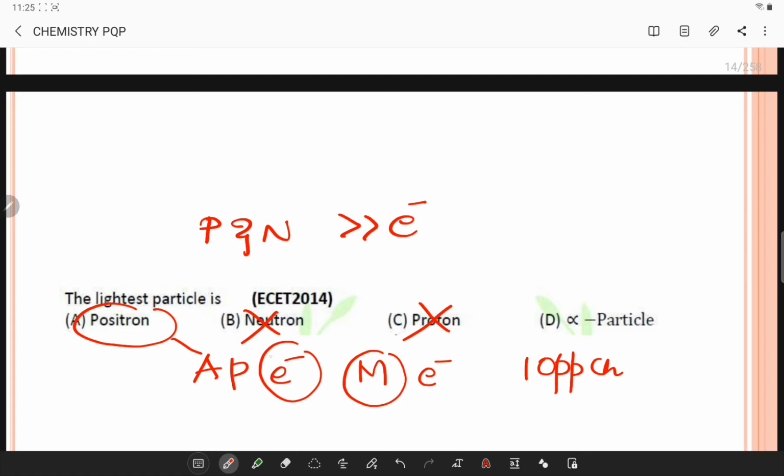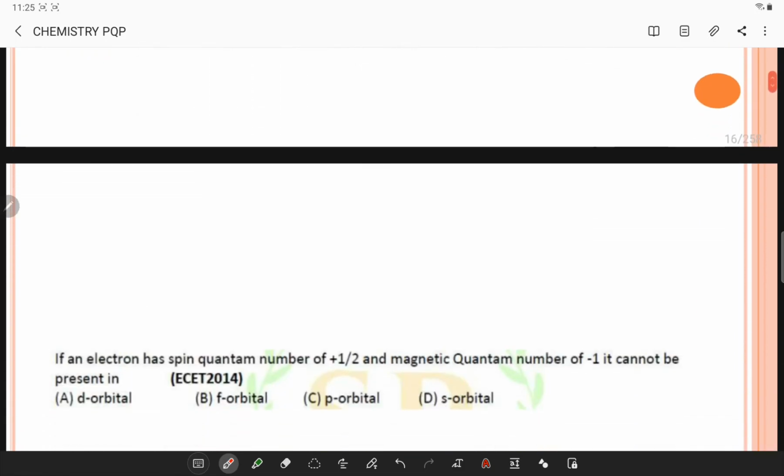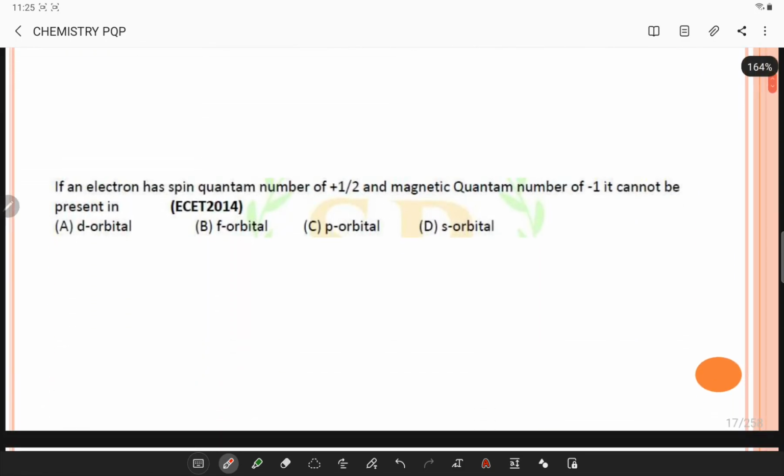Also, an alpha particle consists of 2 protons plus 2 neutrons. So based on the answers, we can say it is positron. Next, if an electron has spin quantum number of plus 1 by 2, magnetic quantum number of minus 1, it cannot be present in.